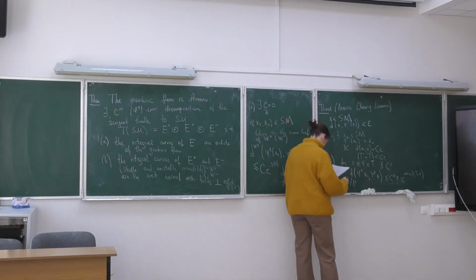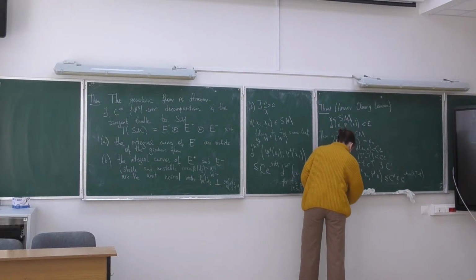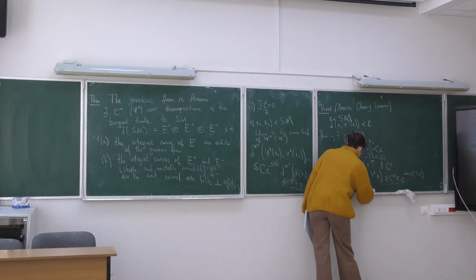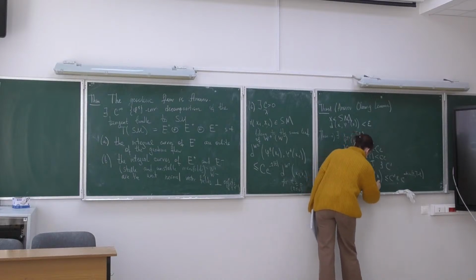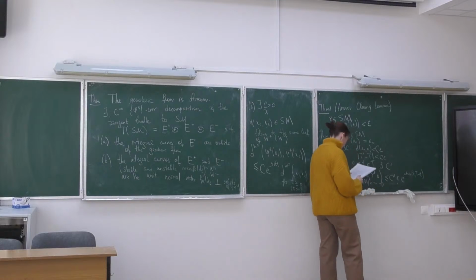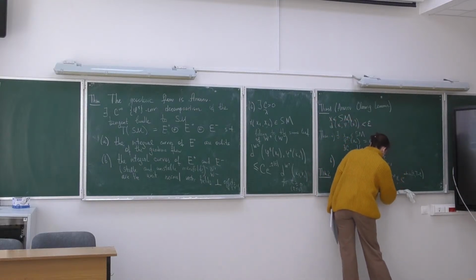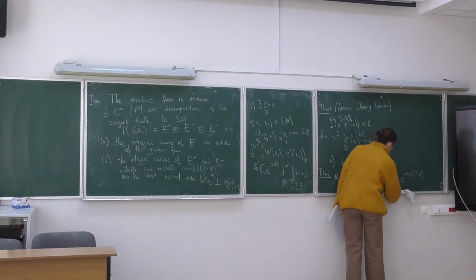Our surface was such that its volume, its area, was finite. If we knew these two things, then we knew that the geodesic flow phi t necessarily has a dense orbit.